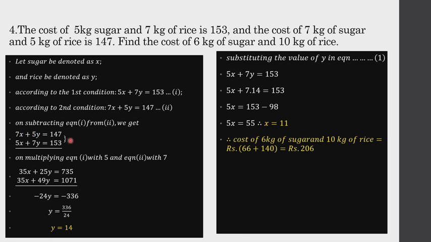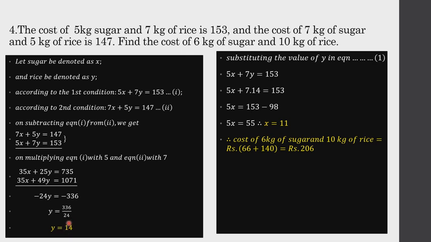The second equation we multiply with 7, that is we have 35x plus 49y, which gives us 1071. Now on subtracting, the 35x gets cancelled, and we are left with minus 24y, which is equal to minus 336, where y is equal to 14.